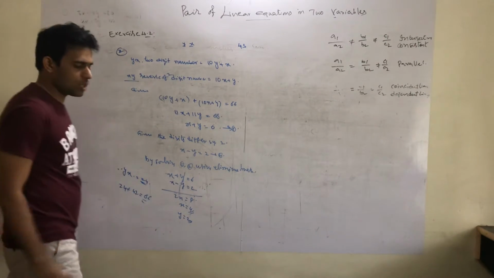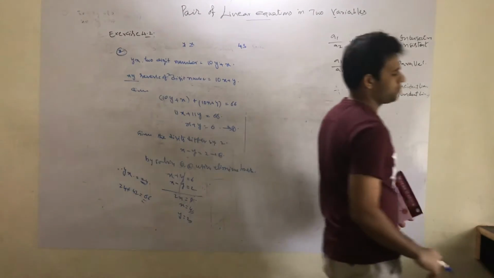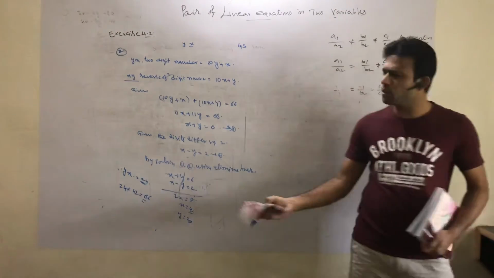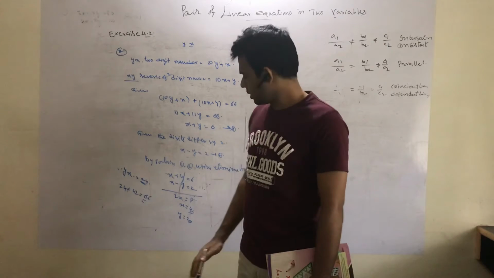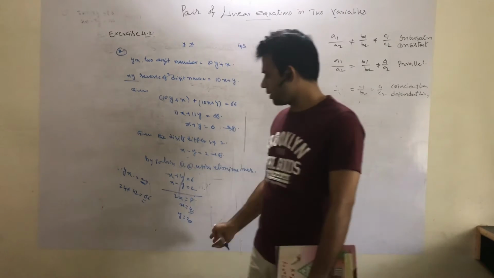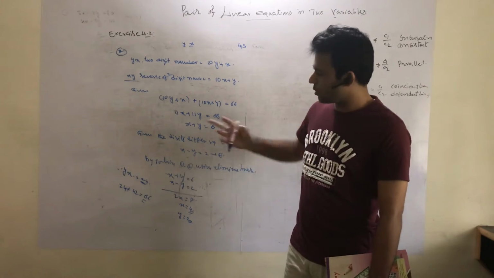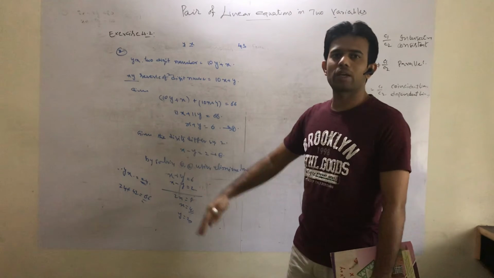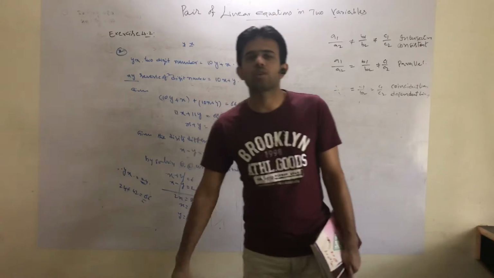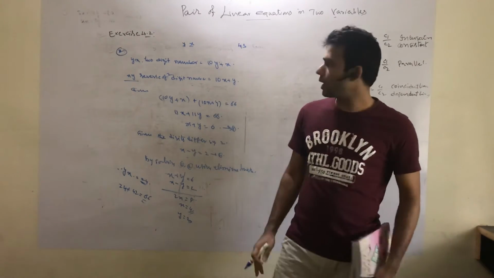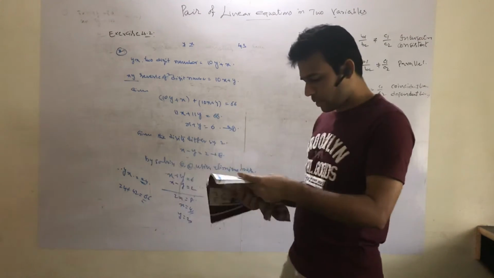Okay. So the number is 24, or it can be 42 also. If we take x as 4 and y as 2, then it is 24. If we take it the other way, then it becomes 42. So there are two solutions: the number can be either 24 or 42. Okay. Good. So that's problem number 2.